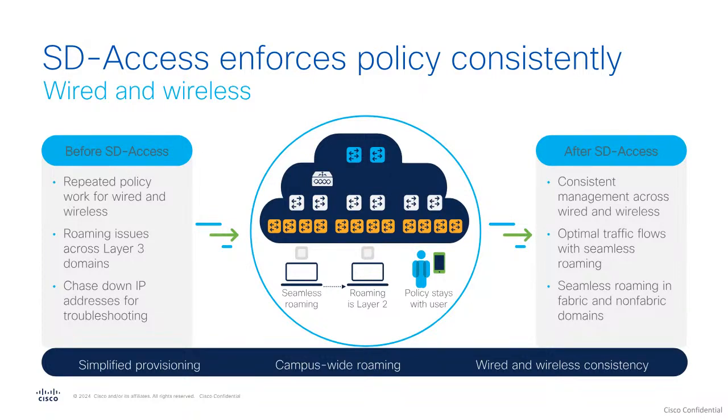So rather than each device having unique access control lists crafted for each subnet, and wired and wireless devices being managed independently of each other, all devices, regardless of how they are connected to the network, are subject to the same security policies enforced by Cisco ICE. This really means that troubleshooting is much simpler and roaming appears very seamless and simple as well.